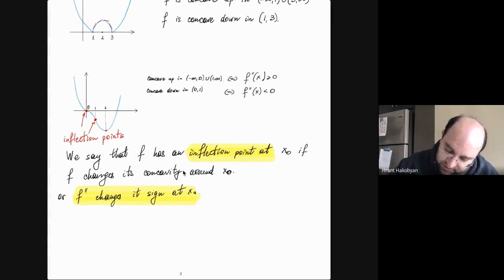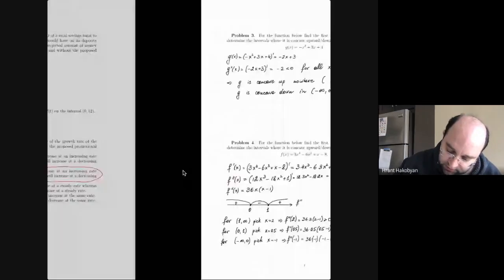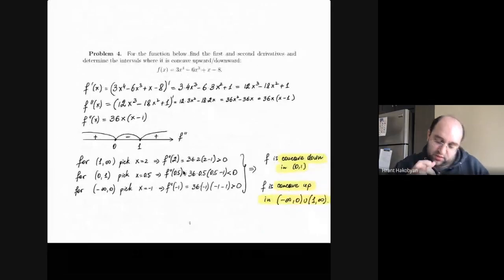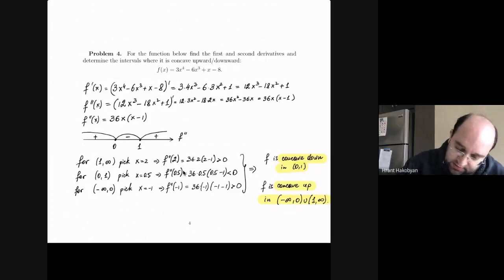On all these examples that we looked at, what is this? This is the sign of the second derivative. It went from concave up to concave down, so that's an inflection point. And here the same thing: it went from concave down to concave up, so that's an inflection point.